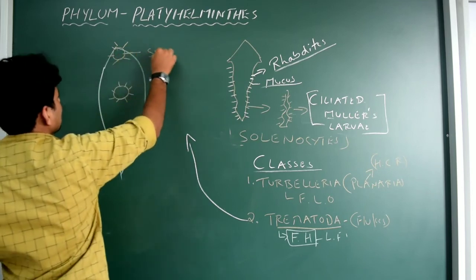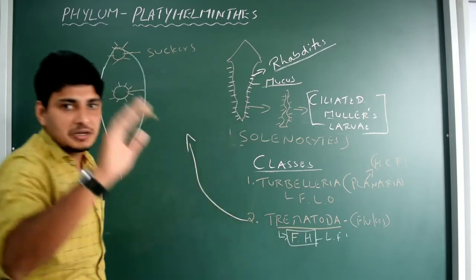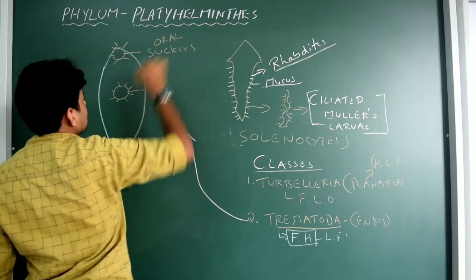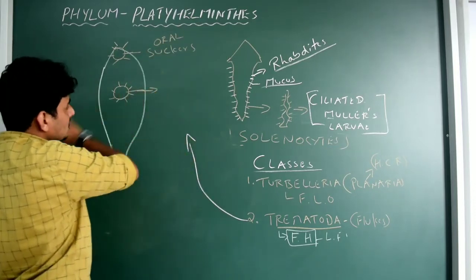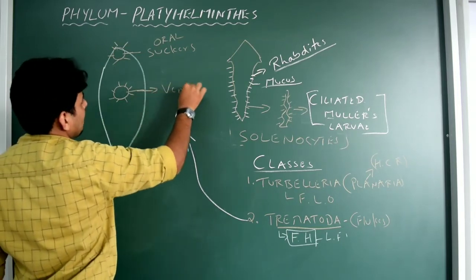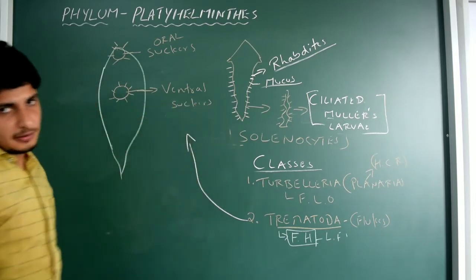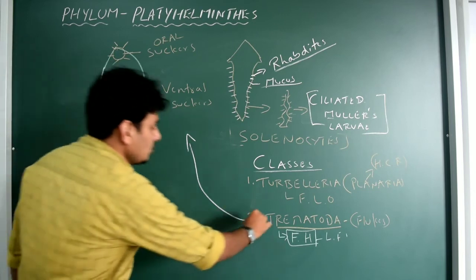This is nothing but the suckers. So this particular Trematoda, they exhibit two types of suckers. One is called the oral sucker, that is in the mouth. And this portion, that is on the ventral surface, the sucker is present. So it is the ventral sucker. I think I have explained it in the class, in the model. I think you know about it. They have got two suckers. Easy. Okay, so that is about Trematoda.